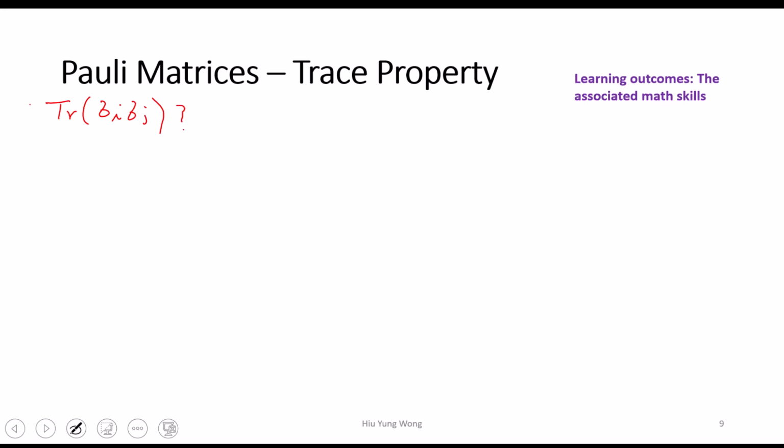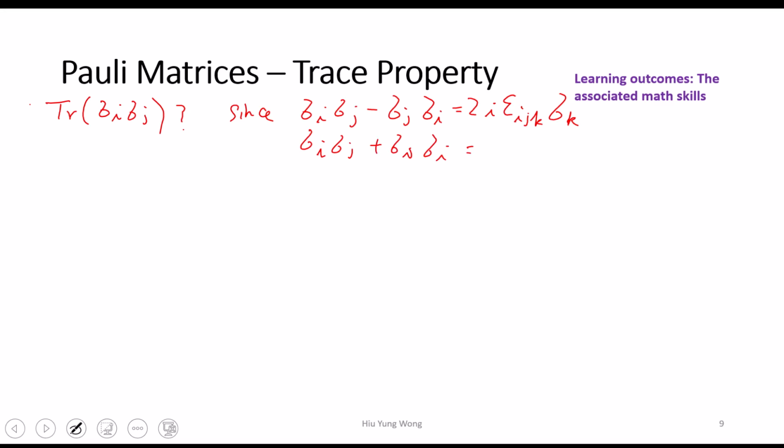So we know that sigma i sigma j minus sigma j sigma i equals 2i epsilon ijk times sigma k. Am I right? That is the commutation relationship, from the last line. We also know sigma i sigma j plus sigma j sigma i equals delta ij times identity. Now I add them together.